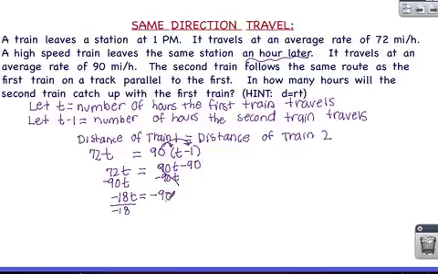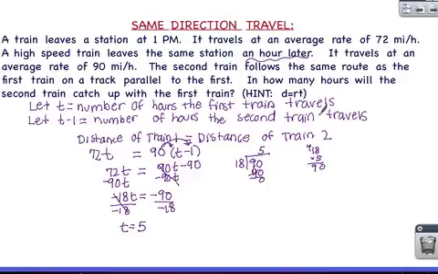Divide by negative 18, and we get 5. This means that the first train traveled for 5 hours.